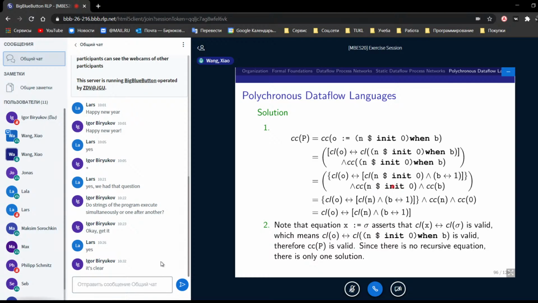So if this would be m plus something, we would need to compute the clock consistency condition, because we can see it doesn't have an arithmetic or logic operator, but if you do that recursively, this has to be here.